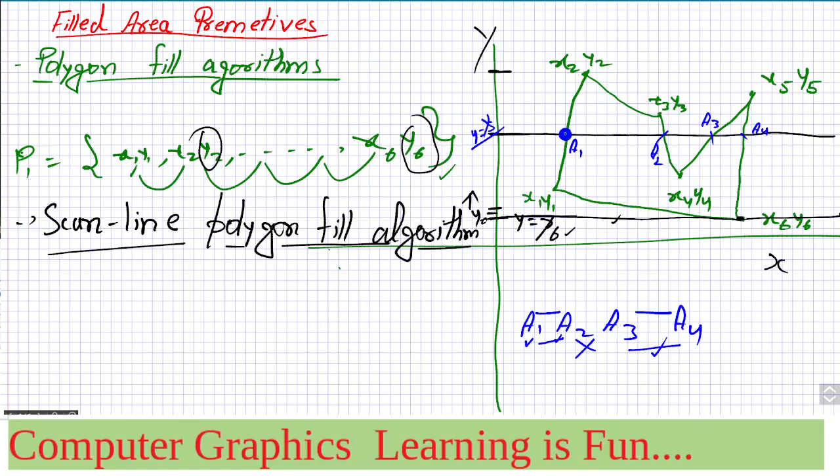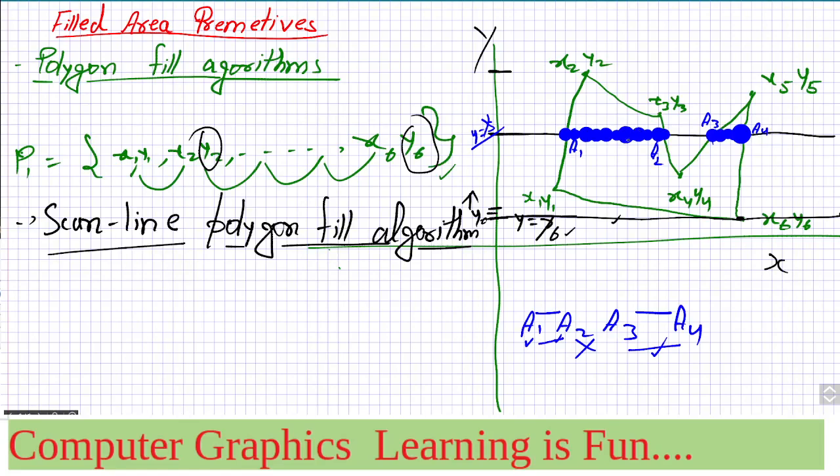Suppose you will shade it here, then here, also here, also here. All these places will be shaded. However, after this point it will not be shaded. So again you will start shading from this point, till here only. So this is the way.